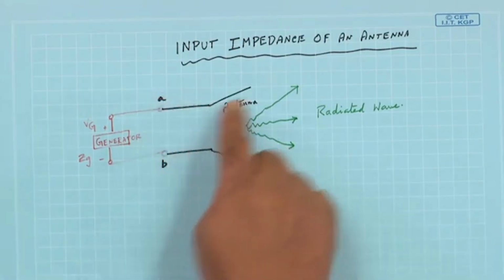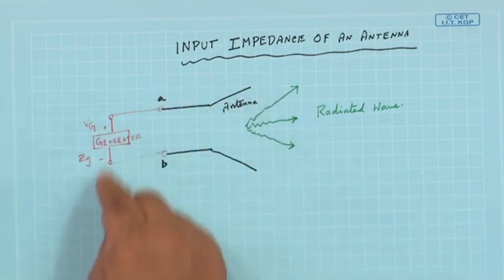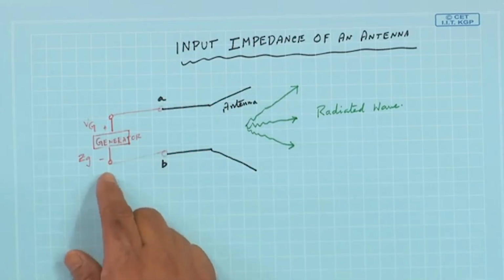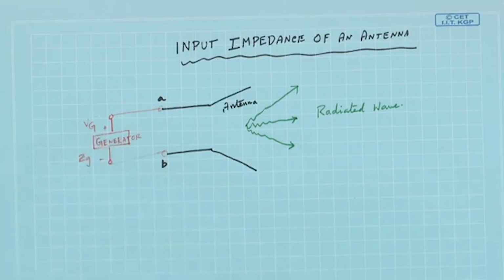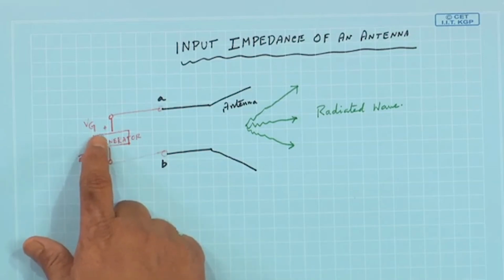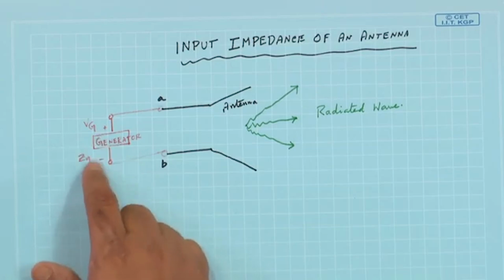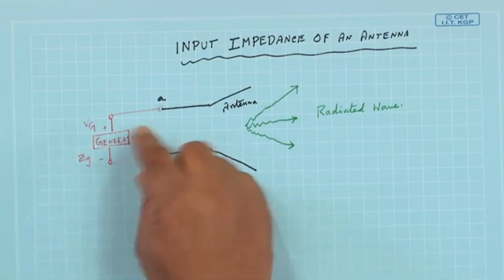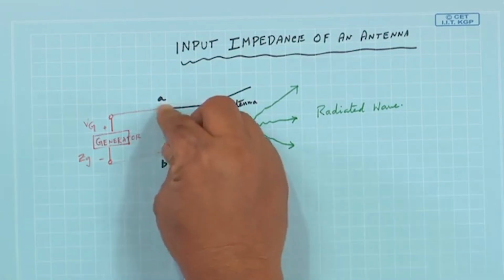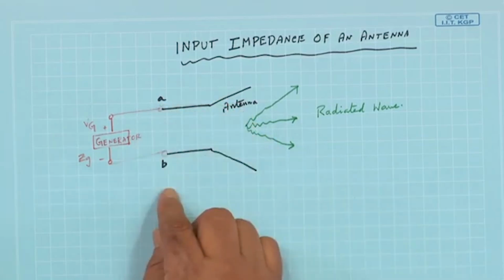So, if this is an antenna, it is connected to a generator. The generator is having a peak voltage Vg, and generator impedance is Zg, that is connected to this. So, these two terminals are the input terminals of the antenna.